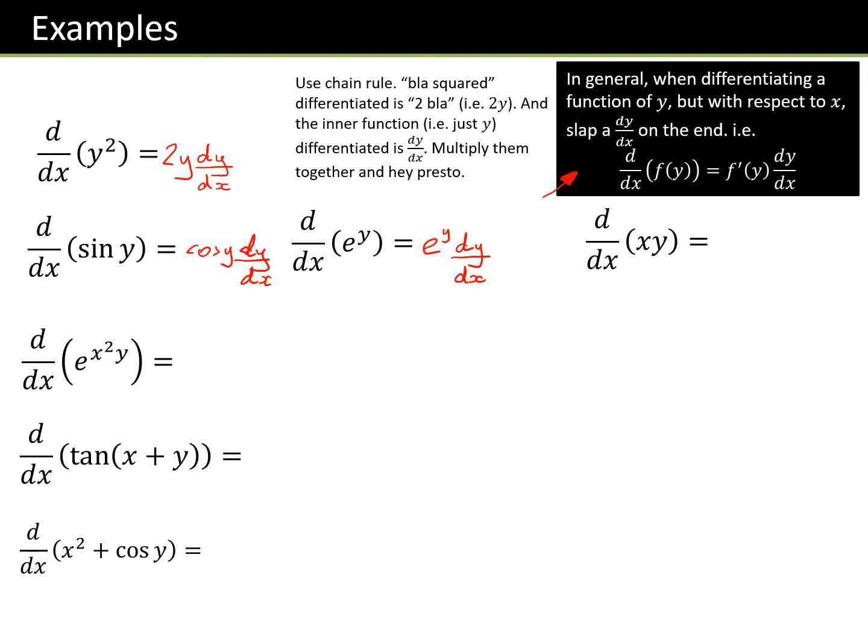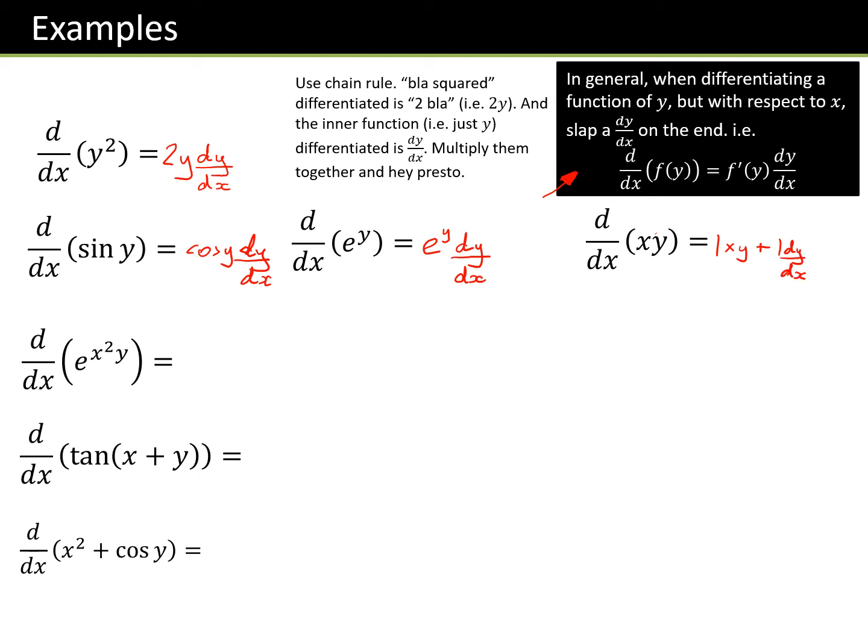So x differentiated is 1, multiply it by the y, then put the plus sign in between, differentiate the y. We're differentiating with respect to x, so y differentiated is 1, but you need to multiply by dy by dx because it's the wrong letter.